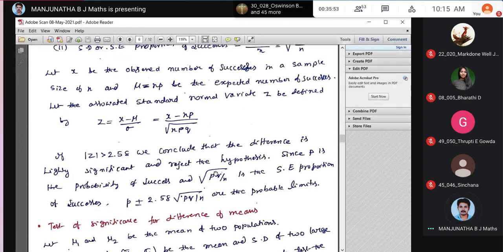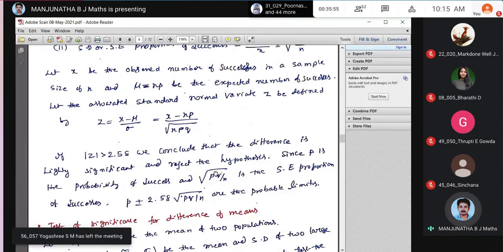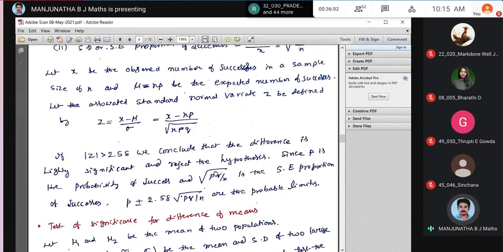Mainly when I go to the problems on test of significance of proportion, this is the proportion problem and that is the mean problem, so you have to look at the problem. If you have the observed frequency and you know p, you can expect the frequency.